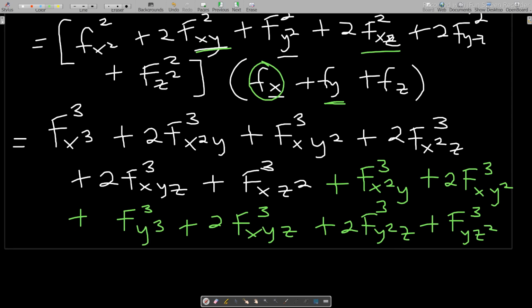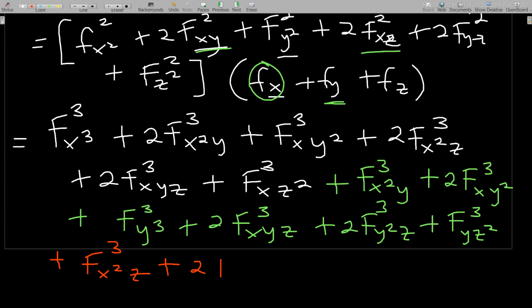I want to do the z with the red pen. So plus, expand everything with the z. So we have fx squared fz, then cube, plus 2fxfyfz, cube. Plus, it's left with this one.